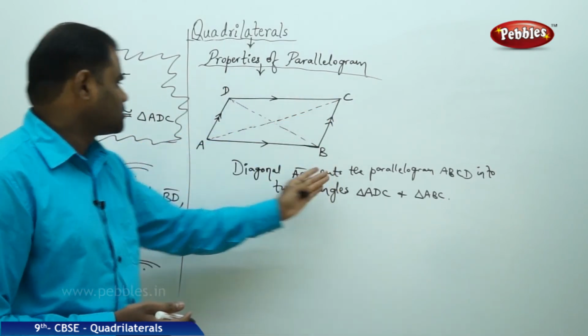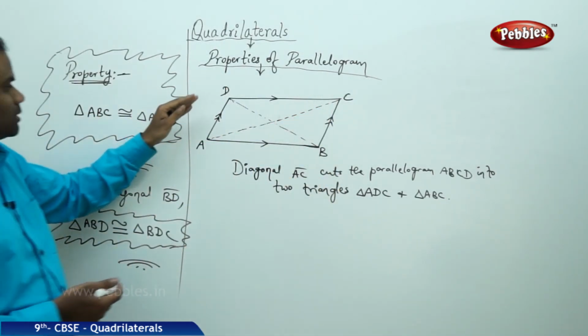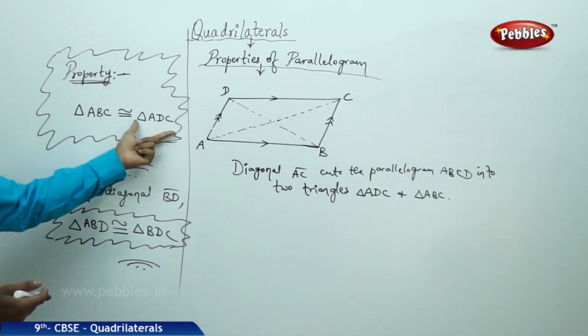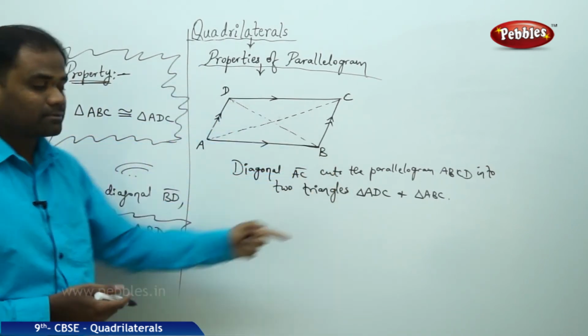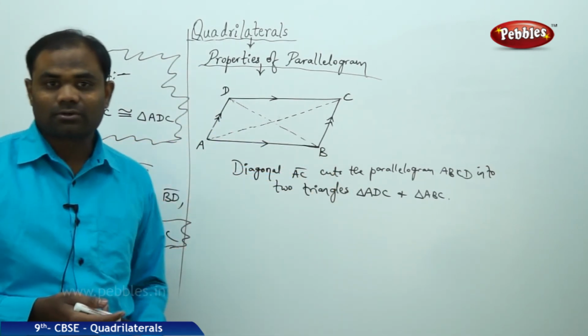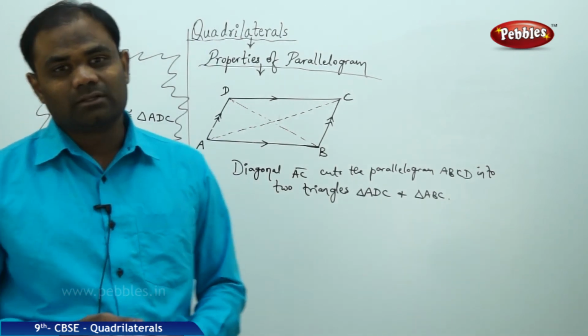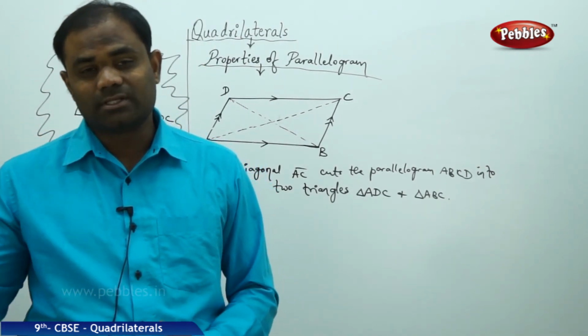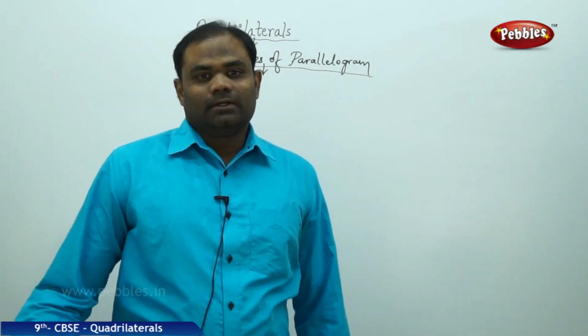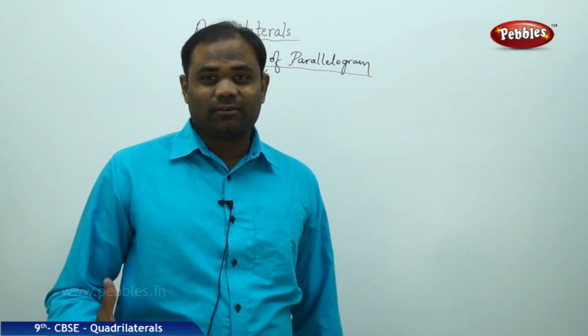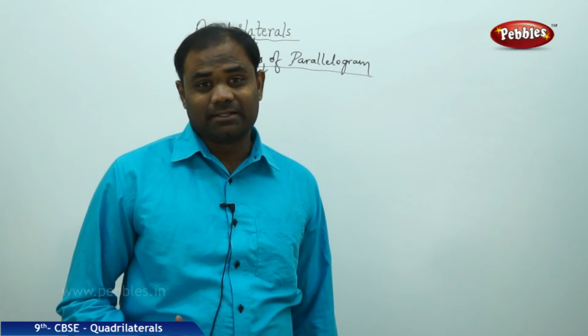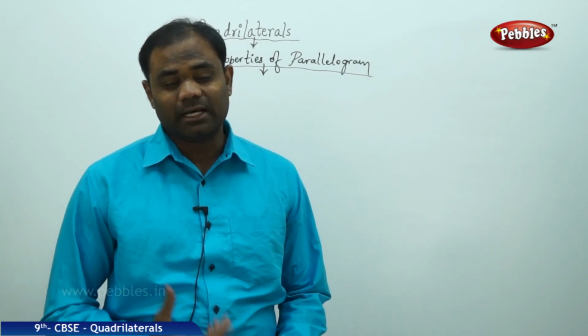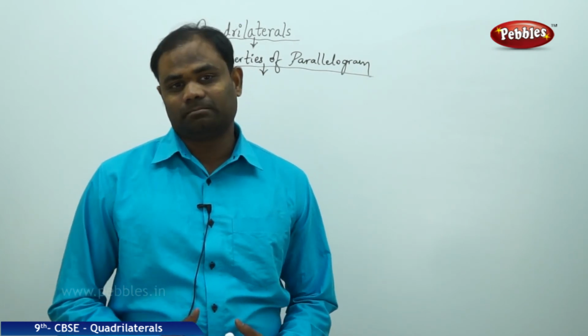This diagonal makes these two triangles congruent, and this diagonal makes these two triangles congruent. The diagonal connects with congruency of triangles. Now let's see the property of a parallelogram which connects with the sides. Let's see the other property of a parallelogram.